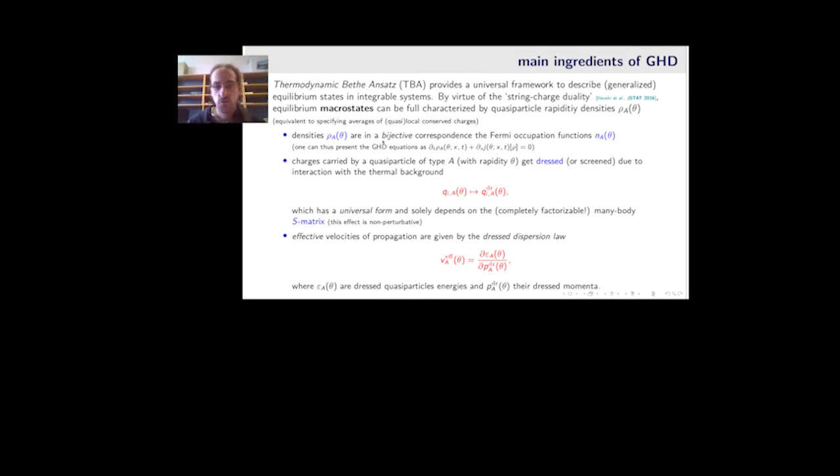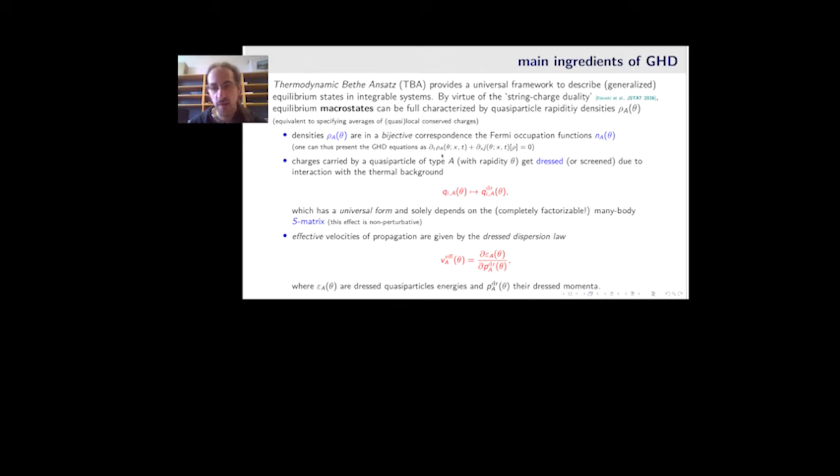And this allows you to recast the hydrodynamic equations of GHD simply as the equation of motion for these quasi-particle densities. In particular, in thermal equilibrium, there will be just some densities that depend on the quasi-particle label A and on beta.